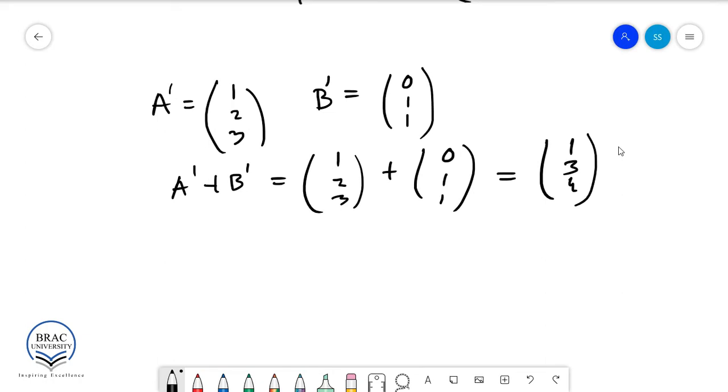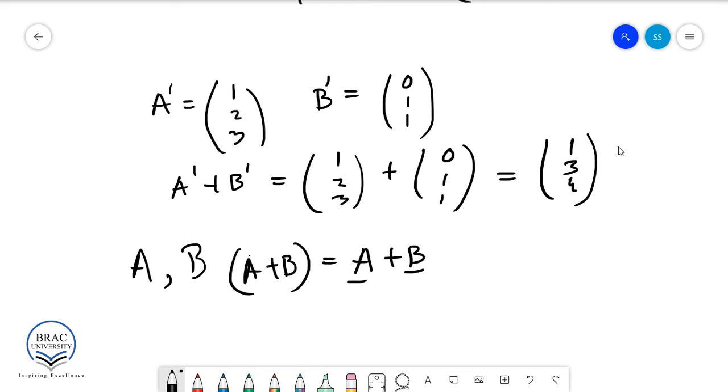So the general rule, that is, if you have a matrix A and another matrix B, then element wise, or let's say when you want to write them as components, we have to add them in the following manner. That is, A plus B, let's say this is the resultant matrix that comes from A plus B, and let's call it C first.